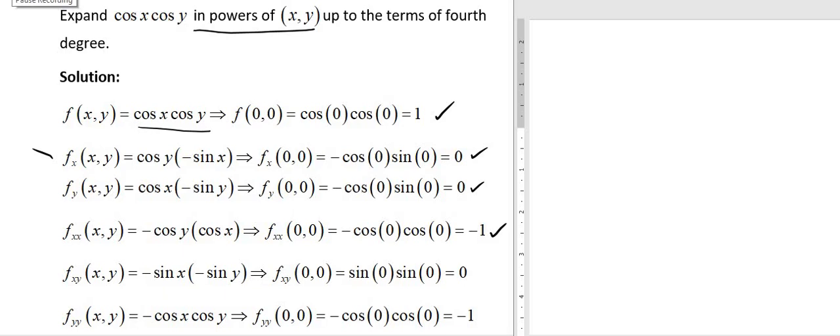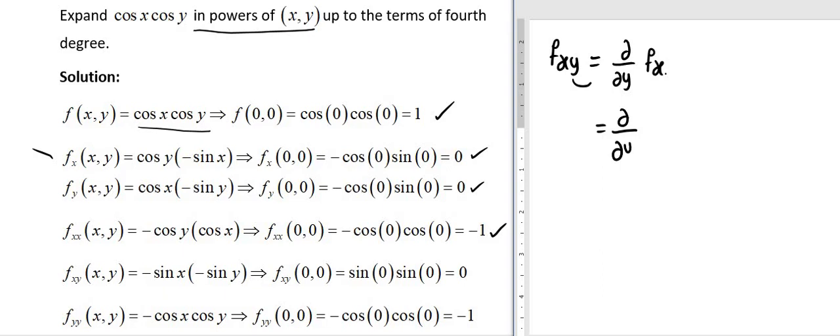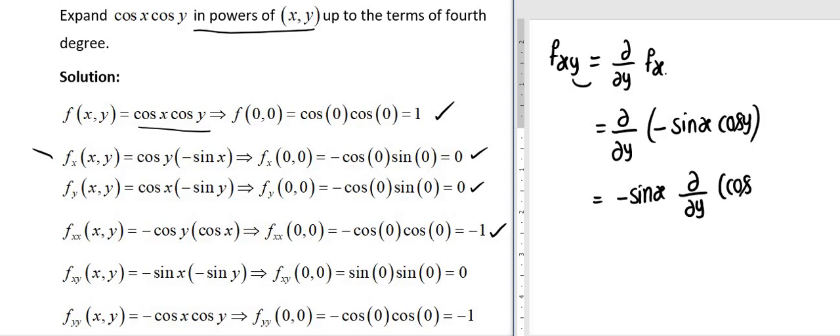Next we are going to find fxy. fxy means dou by dou y of fx. We already know fx, that is minus sin x into cos y. Here we are differentiating with respect to y, that's why I am keeping minus sin x outside. So we have dou by dou y of cos y only.